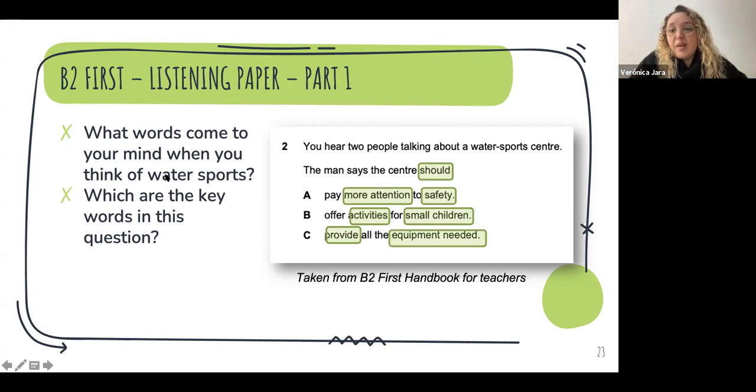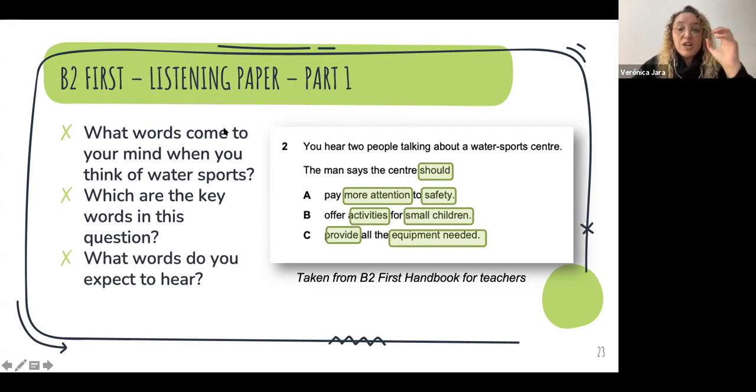I would expect them to highlight or underline these words, maybe also water sports center. And then what words do you expect to hear? If they will be talking about a water sports center and these are the options you have, what words do you expect to hear in terms of equipment, activities for small children, safety? So you brainstorm ideas.